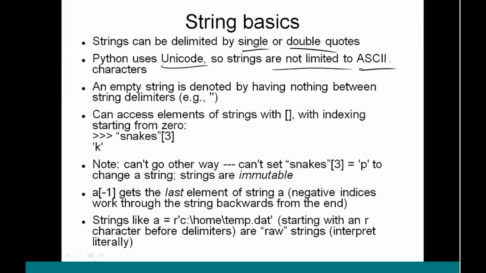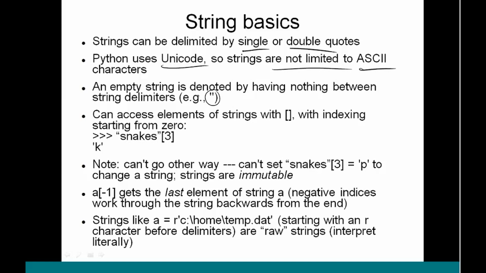Unicode has many more characters than ASCII, which amounts to probably about 65 of them. The empty string is denoted by having nothing in between the delimiters. So here a single quote delimiter with nothing between that is an empty string.